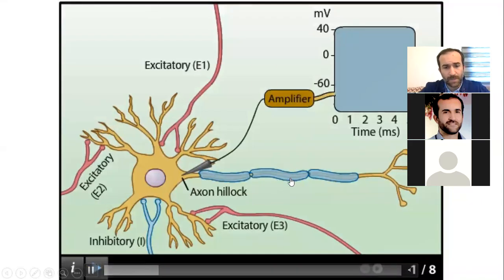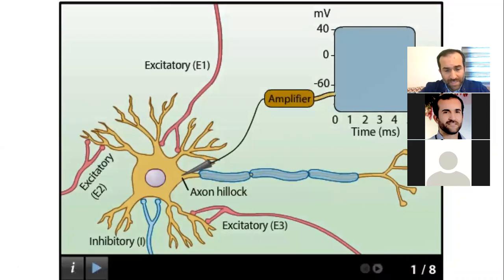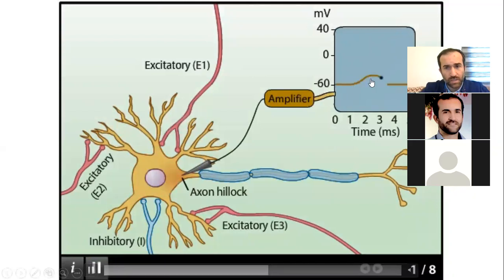The first is an excitatory synapse, and that leads to what? What do we call this? This is EPSP, or excitatory postsynaptic potential, and the other one is an IPSP, or inhibitory postsynaptic potential.